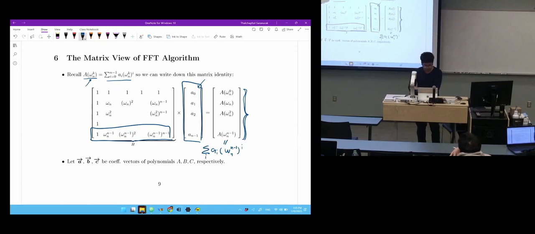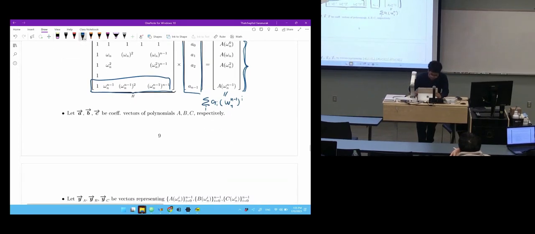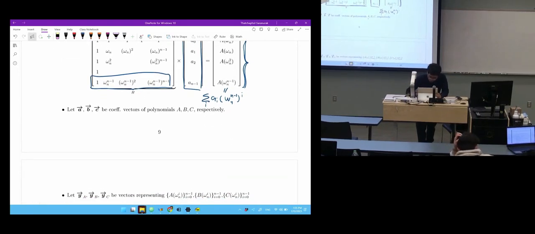Okay, so now let's say I define, given polynomials A, B, and C, that vector A, B, and C here are the coefficient vectors that describe the polynomials.